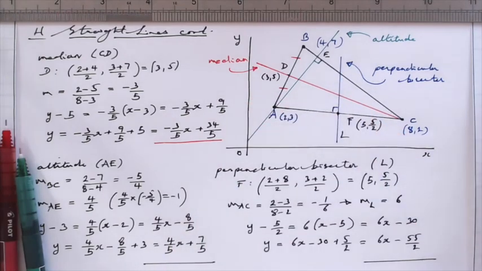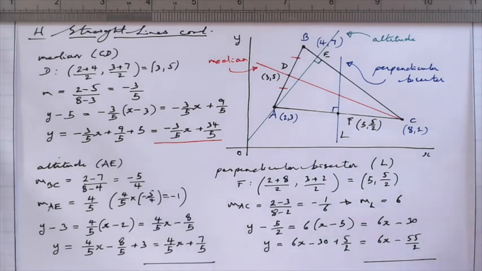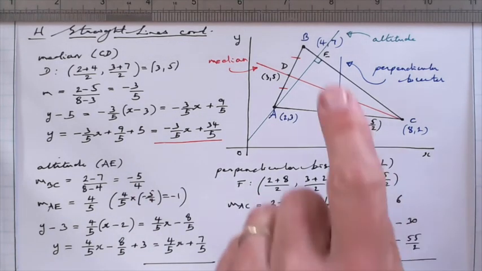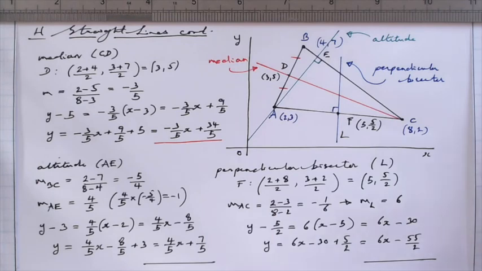There it is. So I hope this has been helpful. We've used one triangle for everything here. But, you know, this is something that you can really just have fun practicing. You can just draw some old triangle with some coordinates and just spend hours of fun calculating medians, altitudes, and perpendicular bisectors.